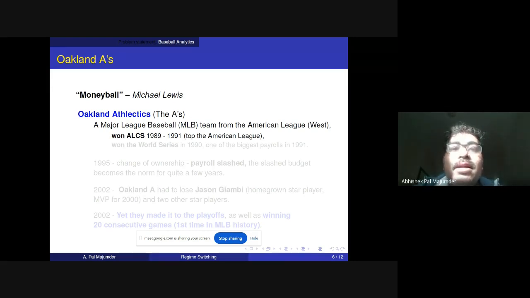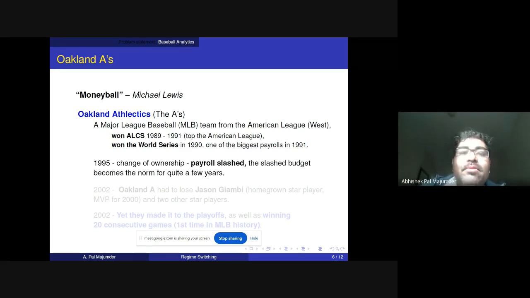Regarding this club, Oakland Athletics, they have a great history of winning. They won the ALCS, the American League Championship Series, from 1989 to 1991. Then they won the World Series in 1990, and they had the biggest payroll in 1991. So everything was going well for them during that time.